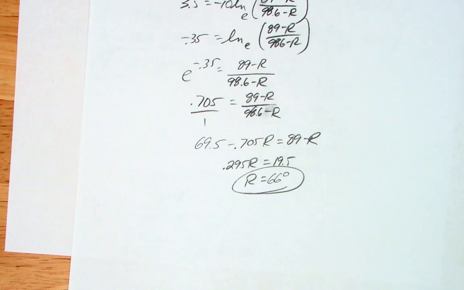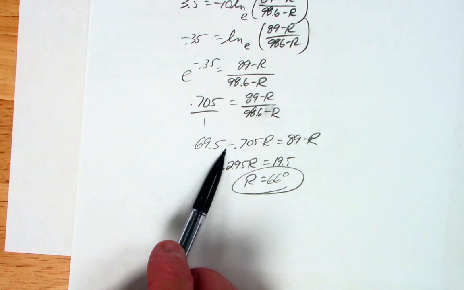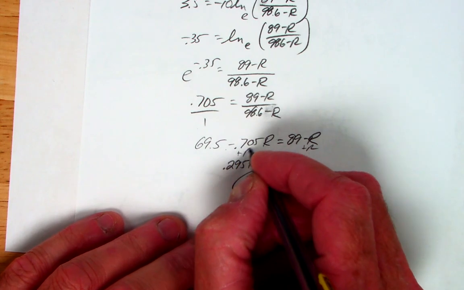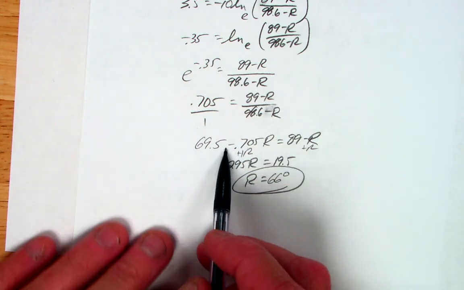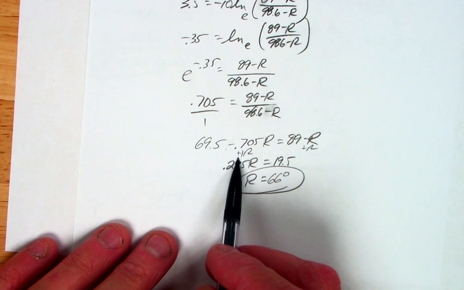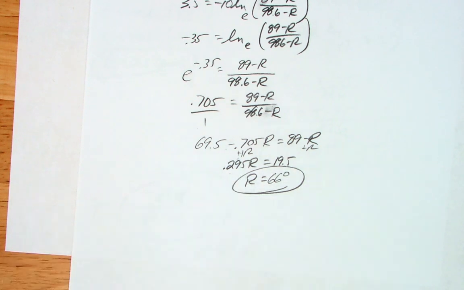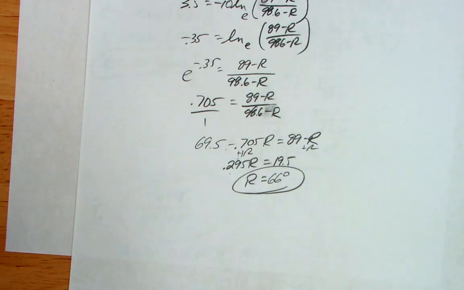So then it got me to 89 equals 69.5 plus 1.7. No, this is negative, so you're going to cancel. That's what I did. I added R to both sides. So negative 0.705 plus 1. Oh, I see. Okay.